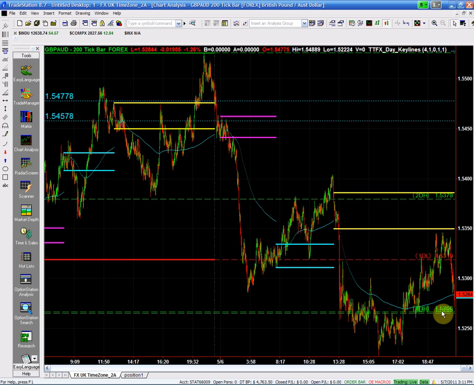So my selling point is going to be here. I'm going to short below the 152.50, and if I do that, I'm placing my stop right above the, let's say, the market side. The market size 152.80, so I'll just give it a little bit of room at 153.